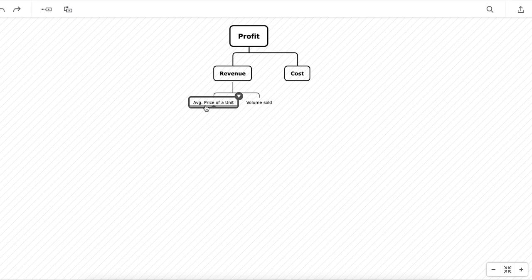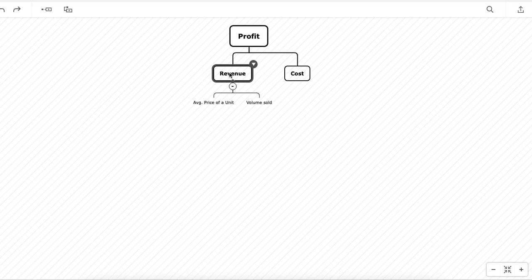That is currency terms, dollars or rupees, a common variable which removes unit level cost price or selling price variabilities. That is why we always bring it to a currency level and take an average price of a unit. Once you arrive at an average price of a unit, if you know the volume sold, then multiplying these two will simply give you revenue.